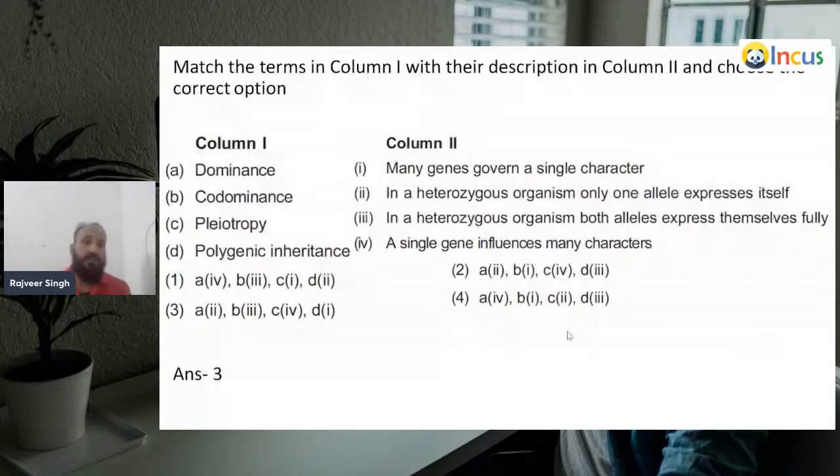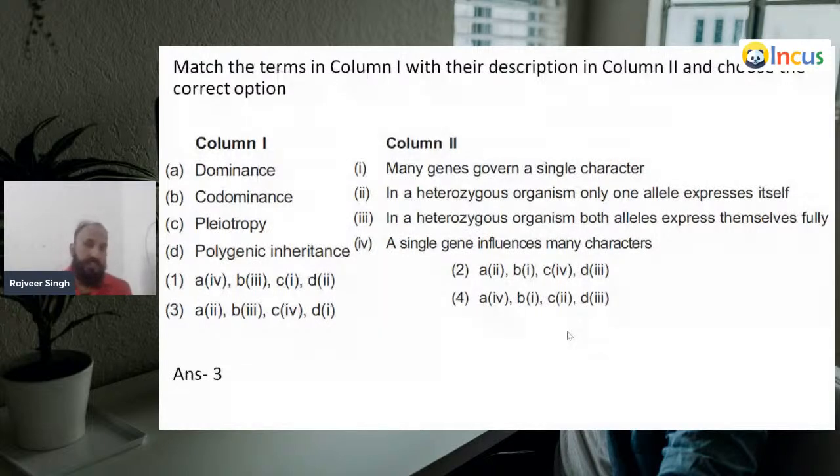First of all, we will talk about dominance. Dominance is when in a heterozygous organism only one allele expresses itself. Codominance means in heterozygous organisms both alleles express themselves fully.